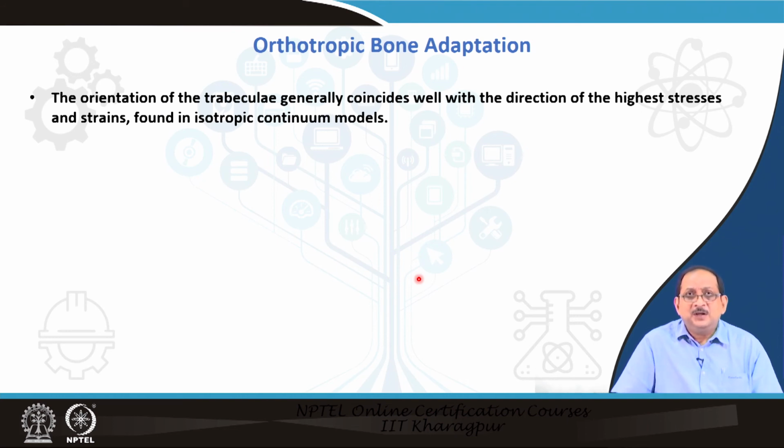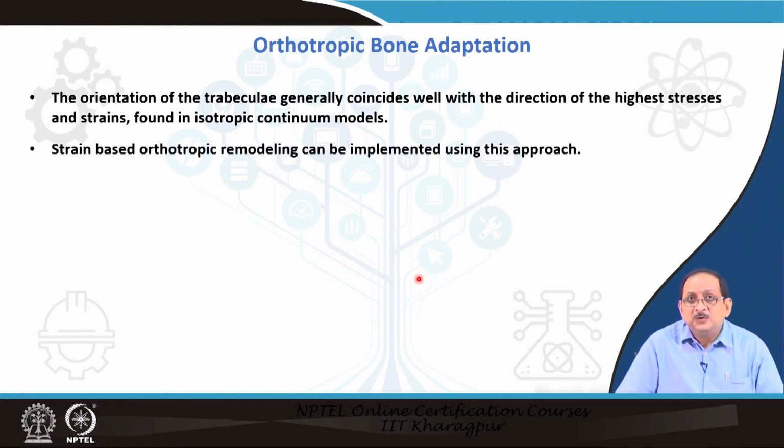Let us now consider the orthotropic bone adaptation. The orientation of the trabeculae generally coincides well with the direction of the highest stresses and strain found in isotropic continuum models.